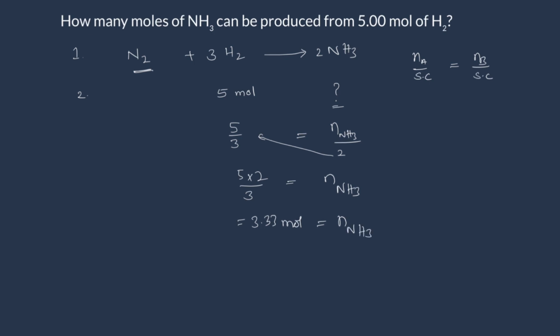After cancelling, you will get 3.33 mole of ammonia. This is a very simple way. Here we need not calculate mass or number of entities, only moles are given, so this is the answer. The number of moles of ammonia produced is 3.3 mole.